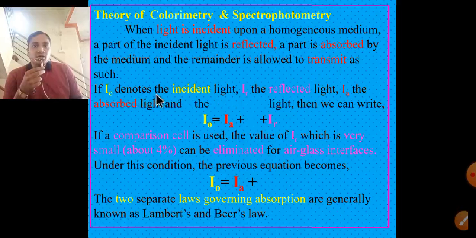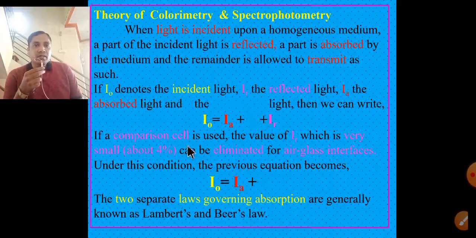If I0 denotes the incident light, IR the reflected light, IA the absorbed light, and IT the transmitted light, then we can write I0 is equal to IA plus IT plus IR.